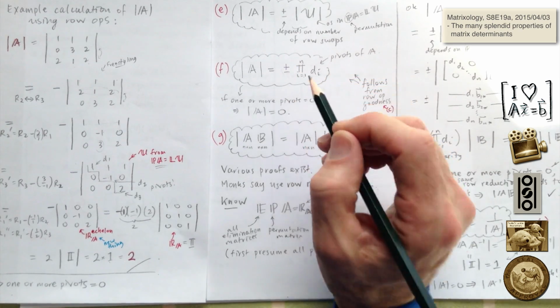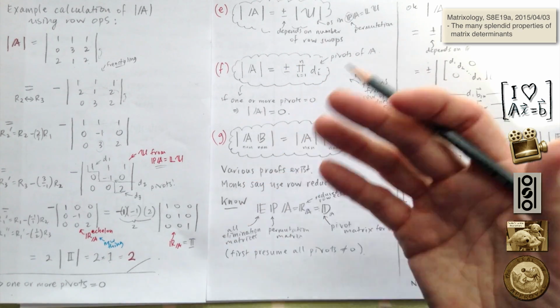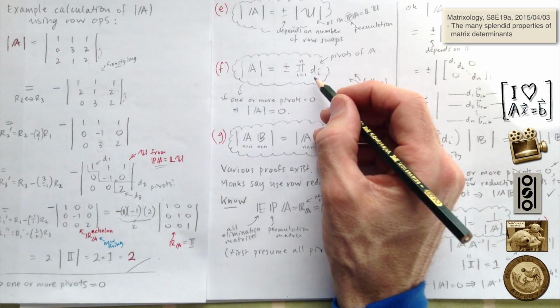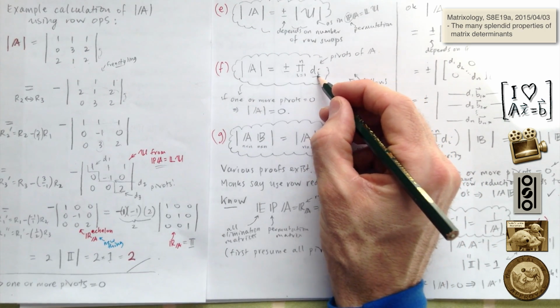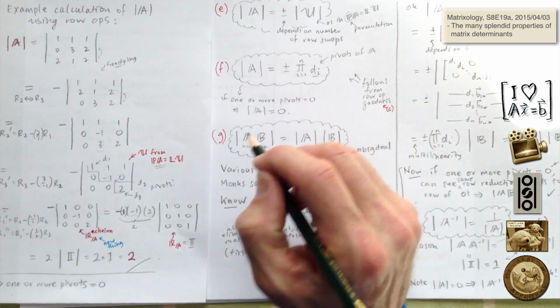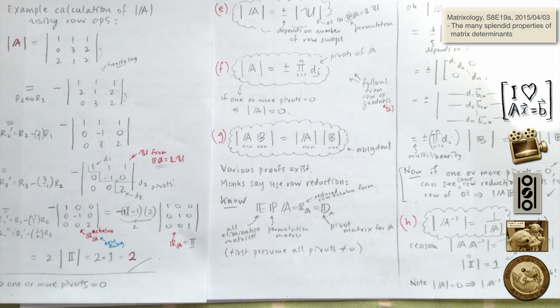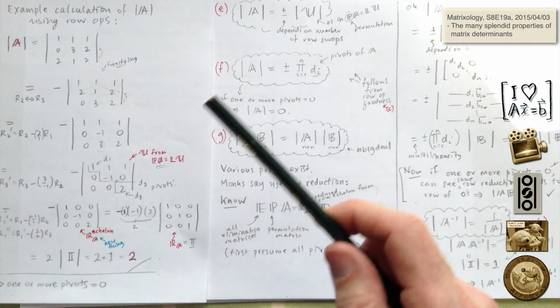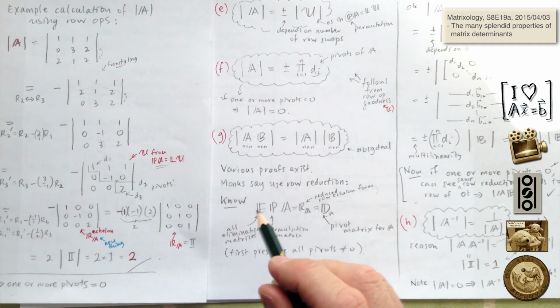And there's an ambiguity here with plus or minus, so it depends on the number of row swaps. And so straight away you can see if one or more pivots is 0, then the determinant of A equals 0, and that's the result we included back here. Good, cool. So these are very nice things. Matrixology is full of beautiful little things.